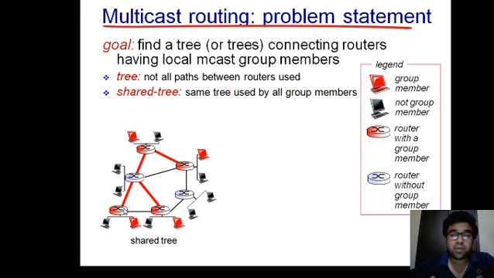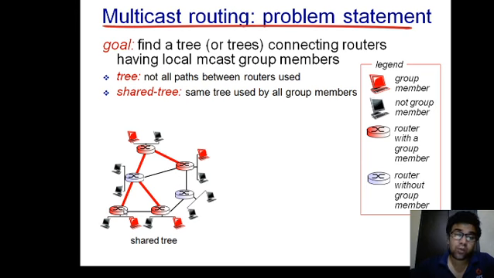So the basic idea behind multicasting is, when a source node in a network sends information to a particular group, for creating that group we need to have a class D IP address, and we put the group members in that IP address, which will represent that group. So that is how it's going to be done.